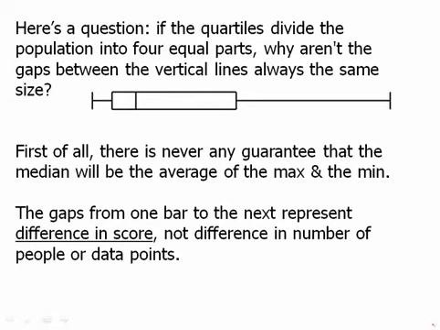More generally, the gaps from one bar to the next represent difference in score, not difference in number of people or points. So the gap from the minimum to Q1 is narrow because the score difference from the minimum score to the score at Q1 is a very small difference. 25% of the population is in that very narrow distribution of scores.